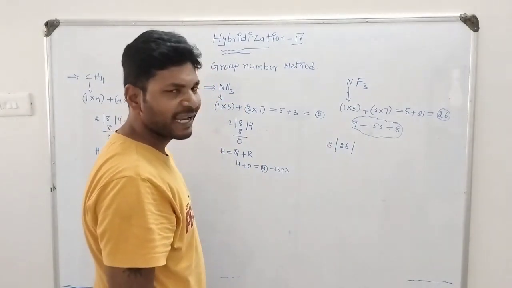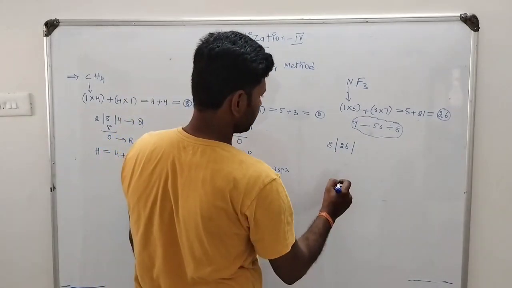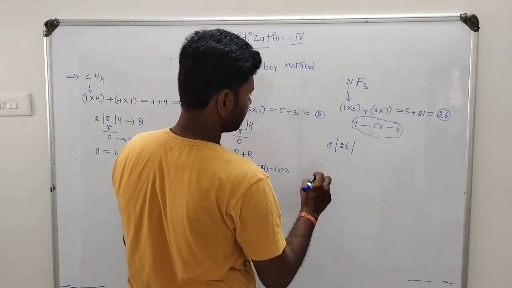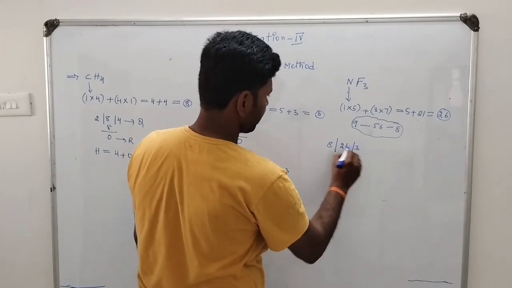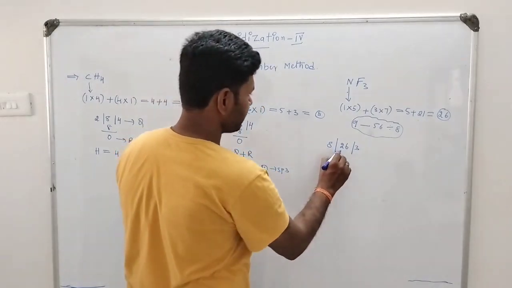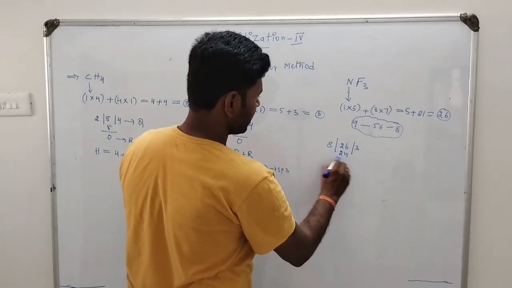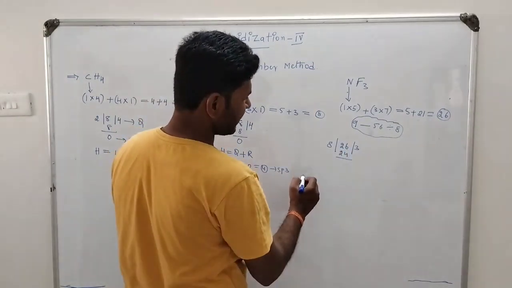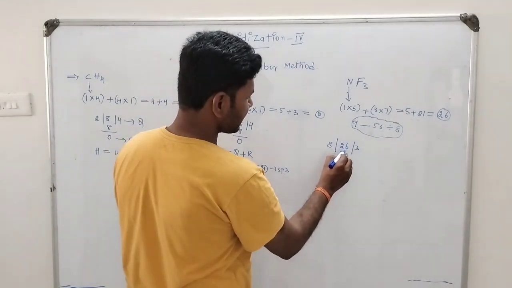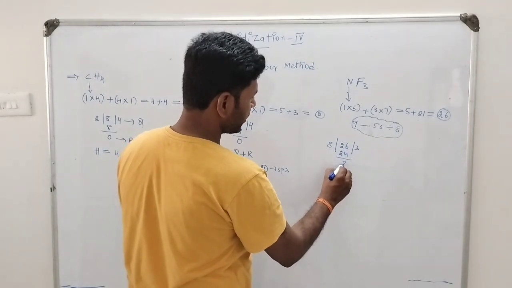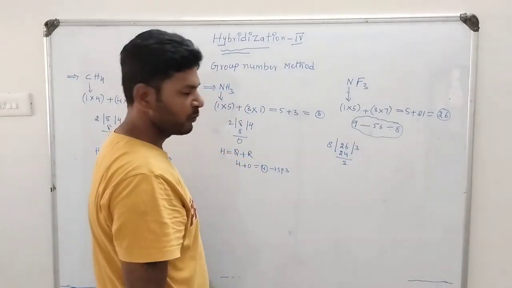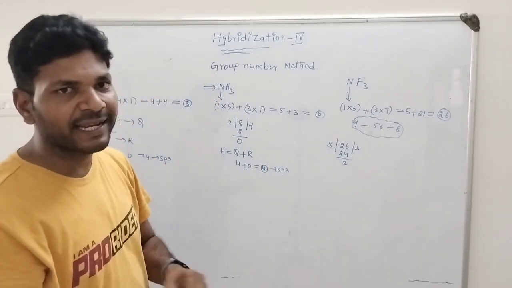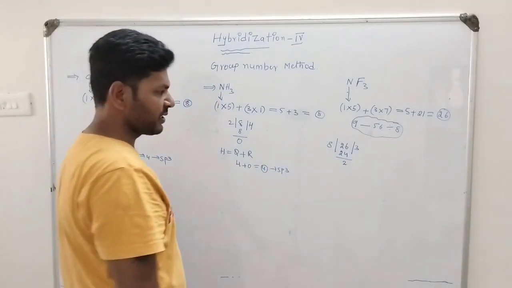How many times do we need to cancel? 3 times. 8 threes are 24. The remainder is 2. Until we get a remainder of either 1 or 0, we continue the process.